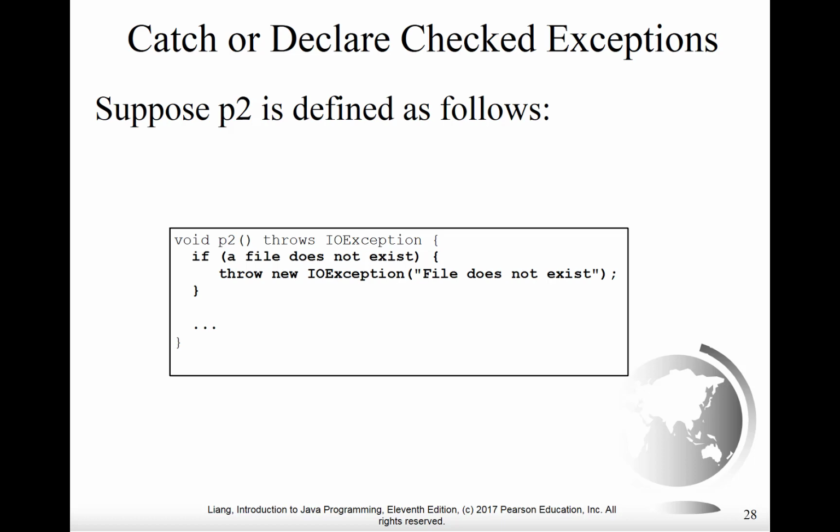We declare P2 to throw an IO exception, and then within P2, if a file doesn't exist, then we're going to go ahead and throw a new IO exception with the string "file does not exist". So bearing that in mind, let's continue on to the next slide to see what different options we have in terms of dealing with the IO exception, which is a checked exception, which means it's one that we cannot ignore. We need to deal with it.